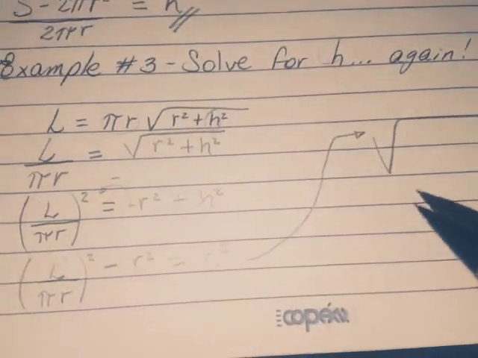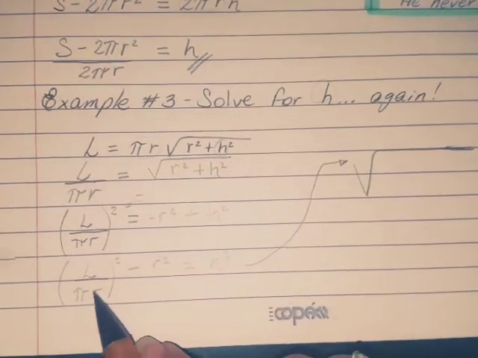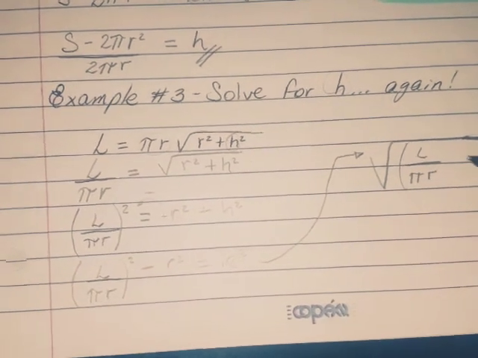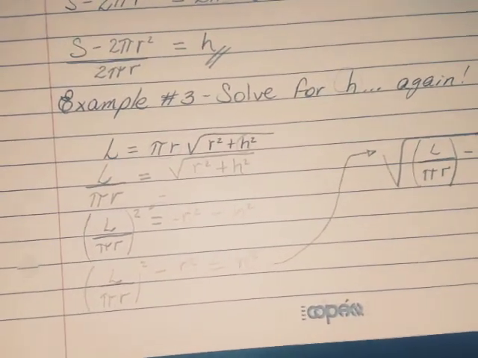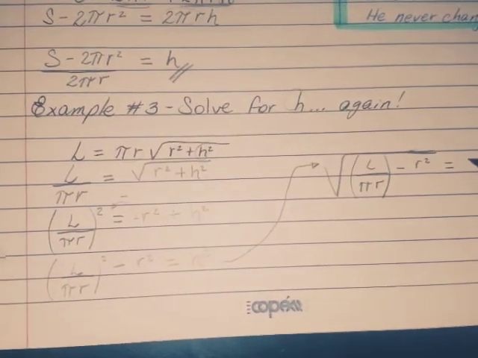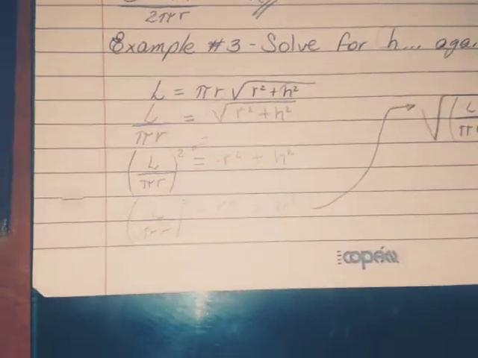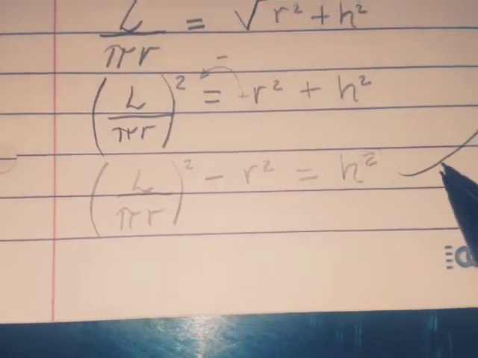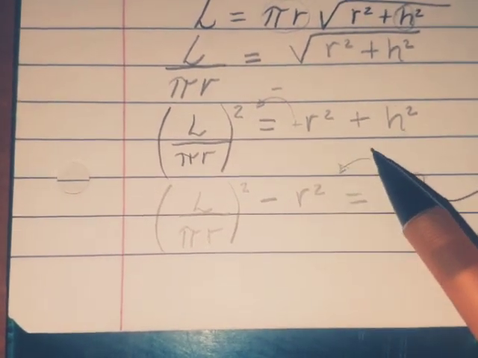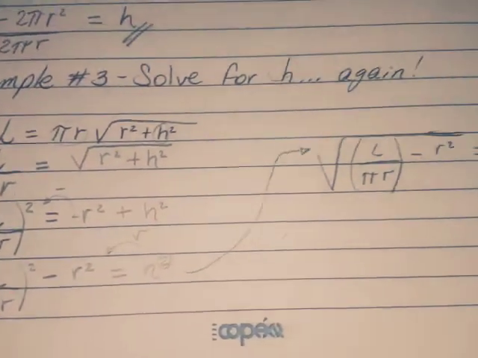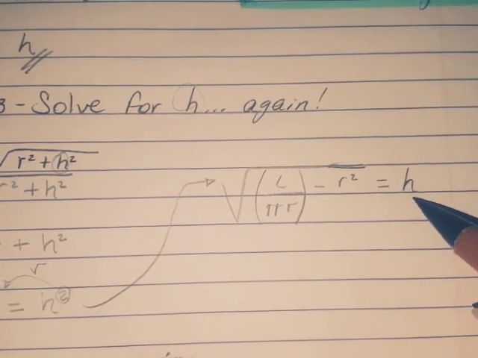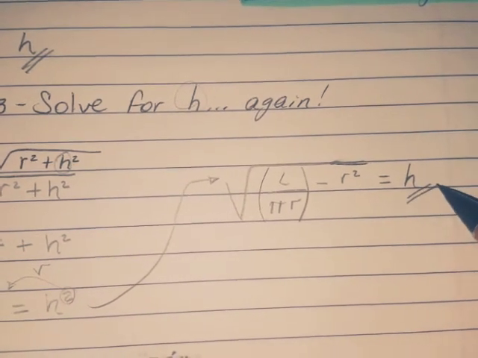What did we have inside? We have L over pi r, all of that to the second power, minus r to the second power, and that equals h. All I did was move this exponent to the other side of the equation as a square root. Okay, h is already isolated. Since that was the purpose of the example, we're done.